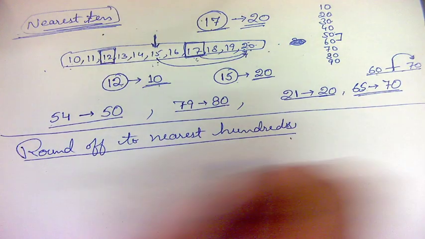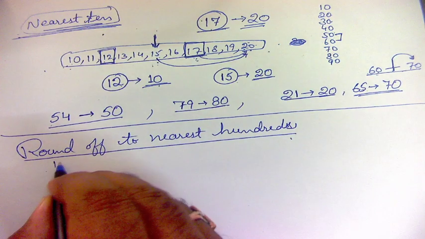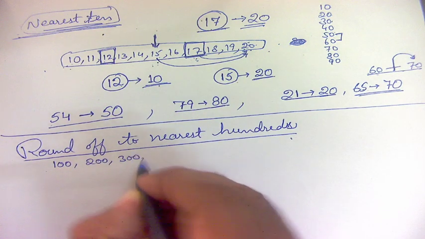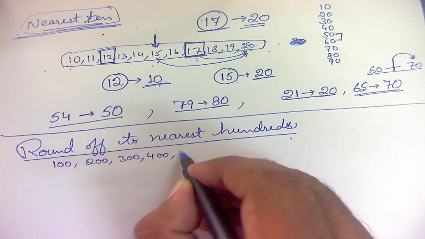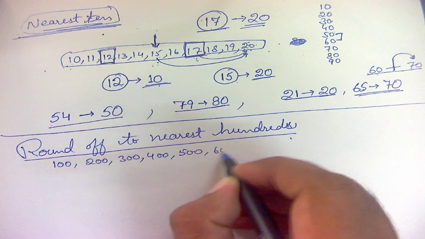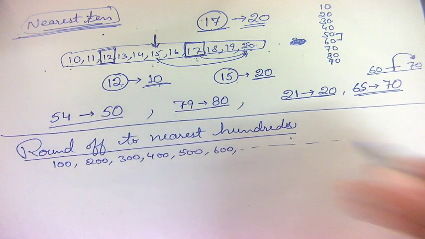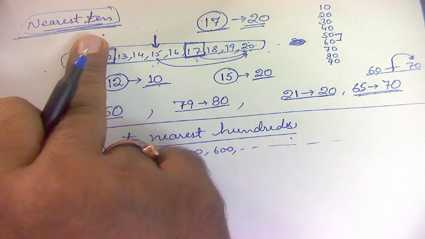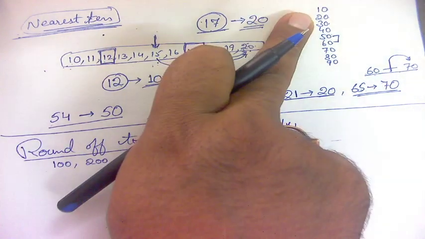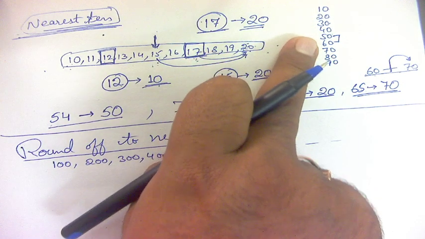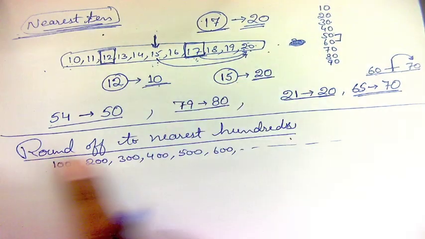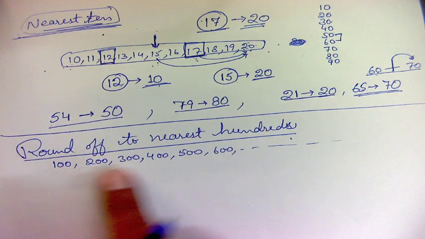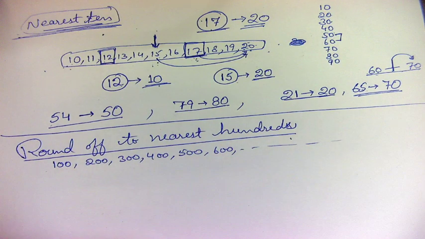Now in case of hundreds, what we will do, the values to be taken are 100, 200, 300, 400, 500, 600 and so on. Whenever we have to round off to nearest tens, we are going to round it to 10, 20, 30, 40, 50 and so on. Whenever we are going to round off to nearest 100, we will take 100, 200, 300, 400 and so on.